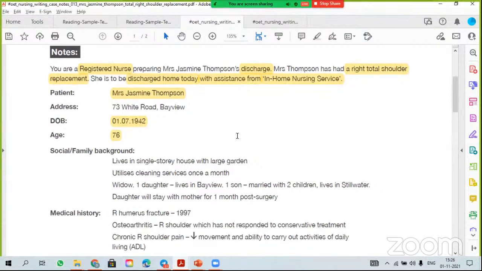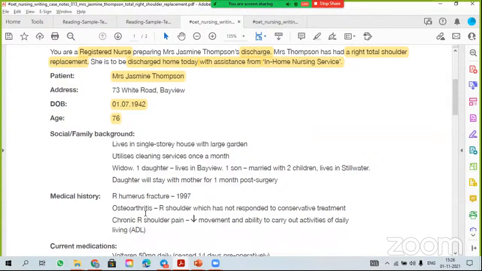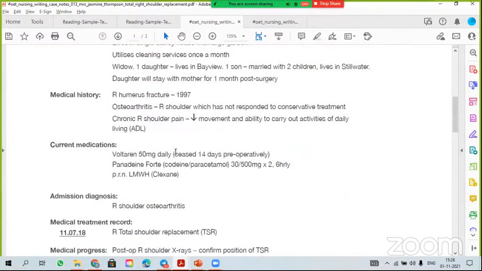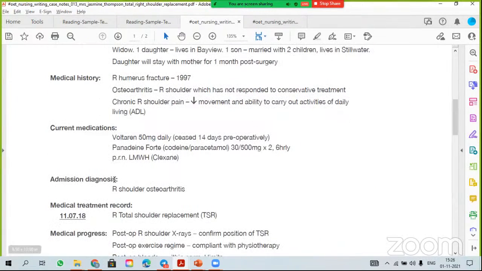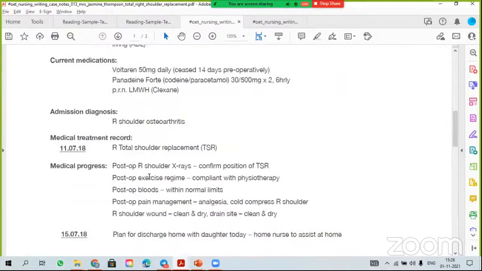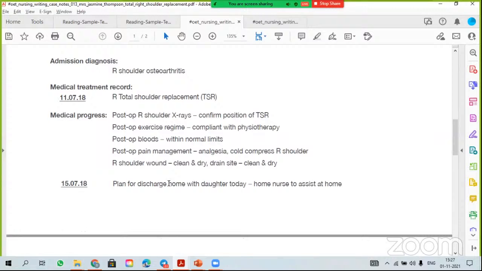Right shoulder osteoarthritis, for which she has undergone right total shoulder replacement. This is diagnosed, but treatment is already given. Right total shoulder replacement is already done. So this is more important now.